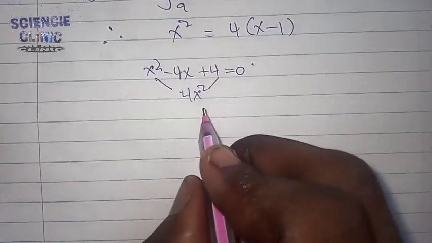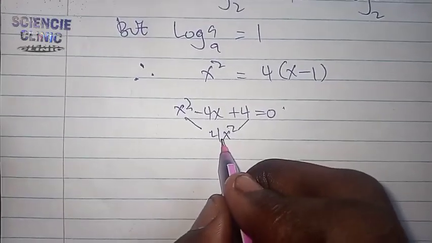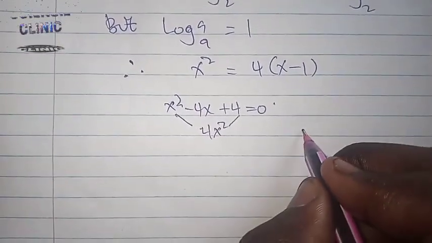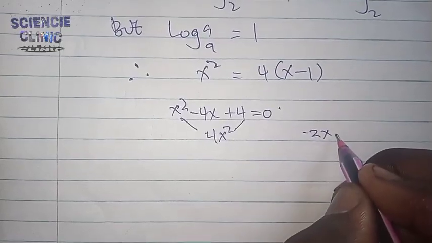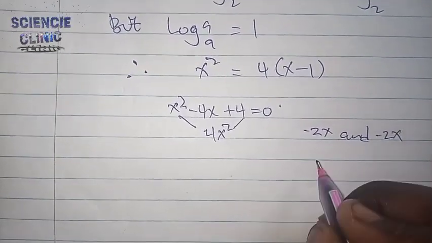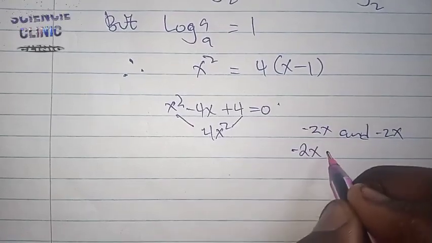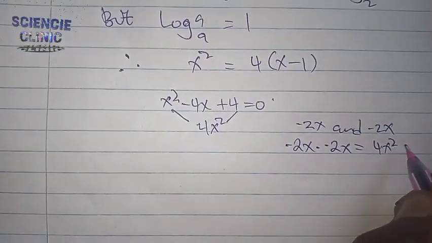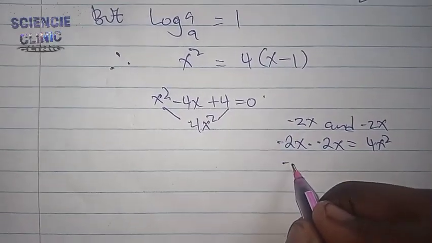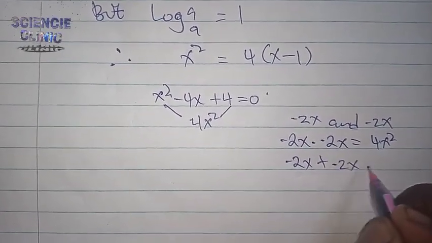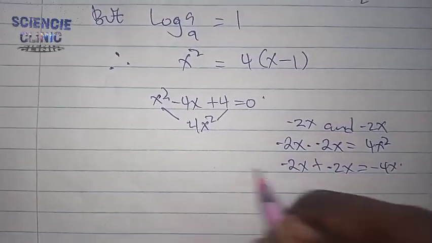So I'm looking for two numbers which I can multiply and get this, but on addition I get that. The two numbers are negative 2x and negative 2x. If I multiply negative 2x times negative 2x, I'm getting 4x squared. If I add negative 2x plus negative 2x, I'm getting negative 4x.